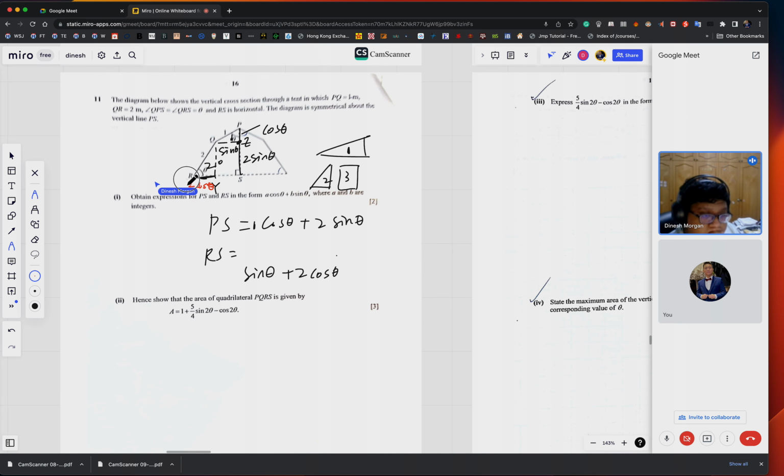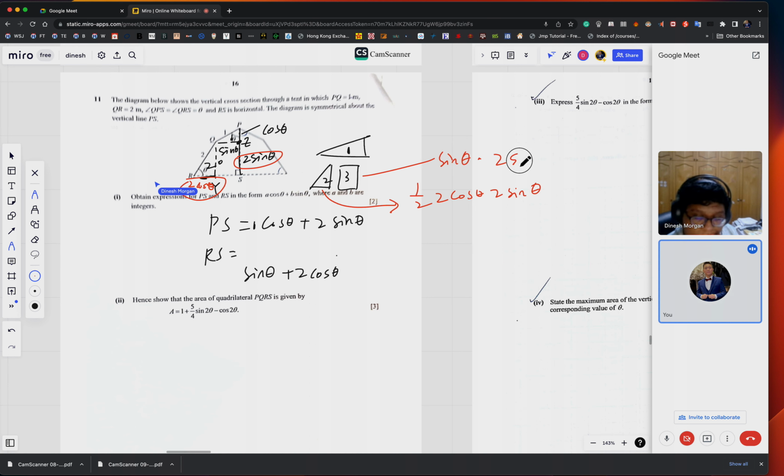So I take this one times this one and halve it, I will get triangle 2. So for 2 it is half times 2 cosine theta times 2 sine theta. Then rectangle 3 is sine theta times the 2 sine theta.